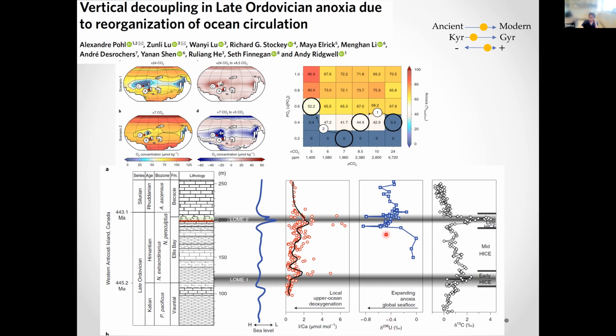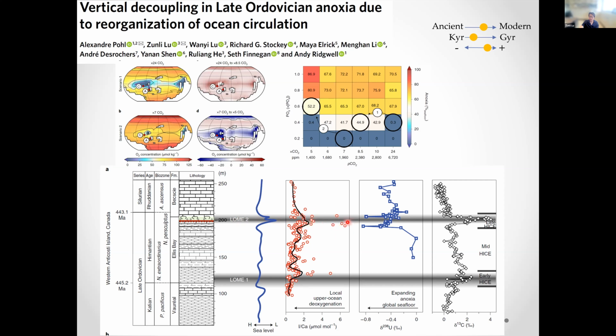I'm sure at some point you'll hear a uranium talk in this series. But the general idea is here the uranium is pointing to an expansion of anoxia on the seafloor during LOME 2, and this is the second extinction pulse. But right in the same sample, we actually see iodine calcium sort of popping up.